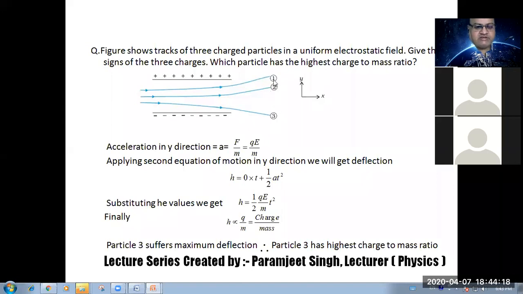These particles are deviating along the y direction and moving along the x direction. Their motion is along the x direction, but when they are passing through the charged plates, both x and y change, and they deviate along the y direction.